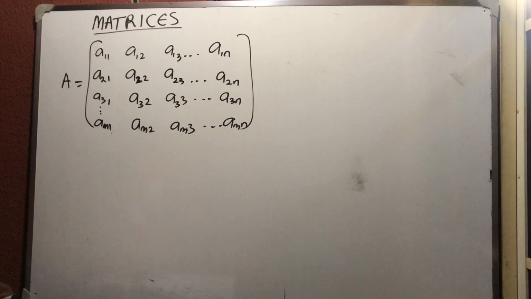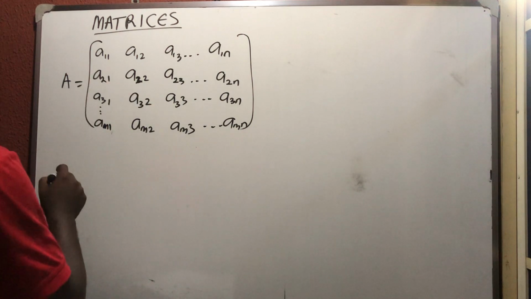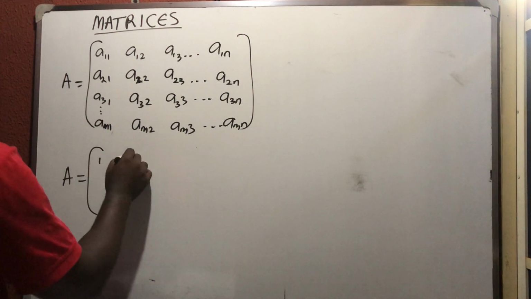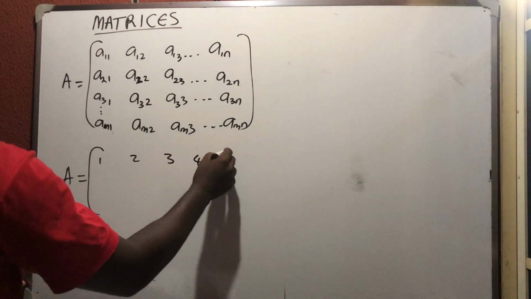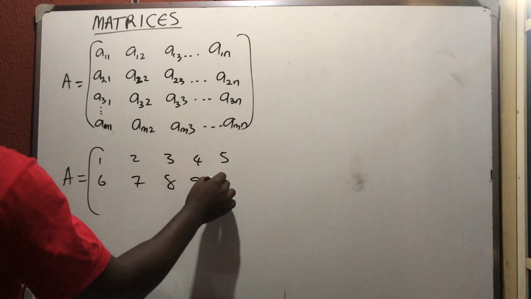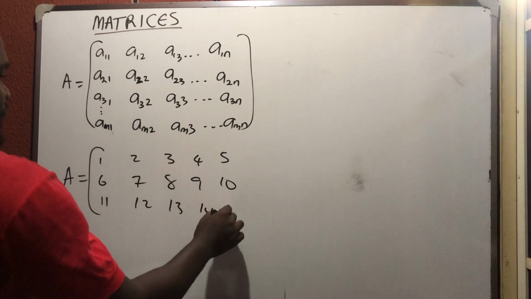Okay, so let me give you an example so that you will know how to arrange numbers. This is the general form. Another example: I can have A or anything is equal to 1 2 3 4 5, 6 7 8 9 10, 11 12 13 14 15.